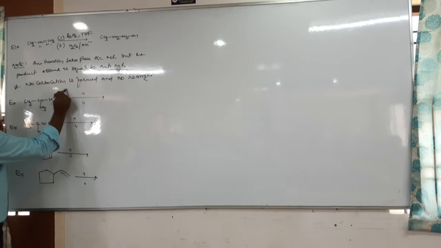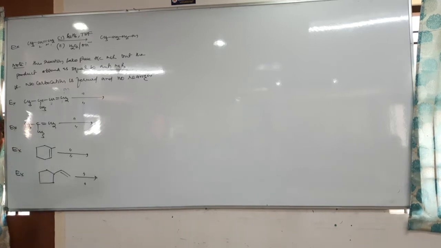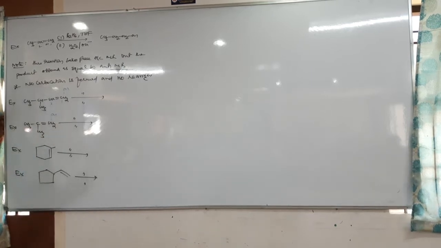First carbon, no? Here, where does OH come? First or second? The product which comes equals anti-Markovnikov rule, but actually it takes place by Markovnikov rule.